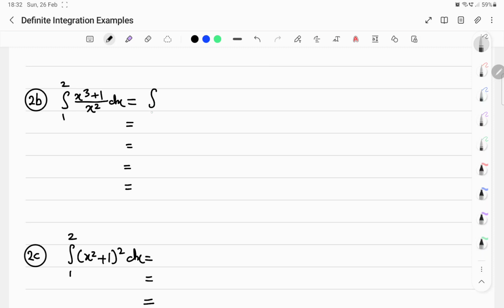So just copy paste, integrate 1 to 2. The first part is this bit, which is x cubed over x squared, and then we take the plus sign, put it in the middle, and then we take the second bit over here, 1 over x squared. Then we copy the dx again.